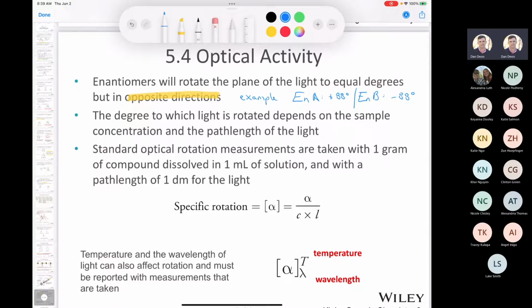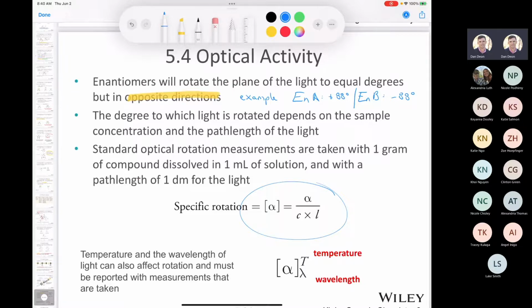Now, the degree to which the light is rotated depends on concentration and path length, and our textbook goes into all kinds of examples of calculations of how you calculate specific rotation and how it's affected by temperature, concentration, path length, and wavelength.